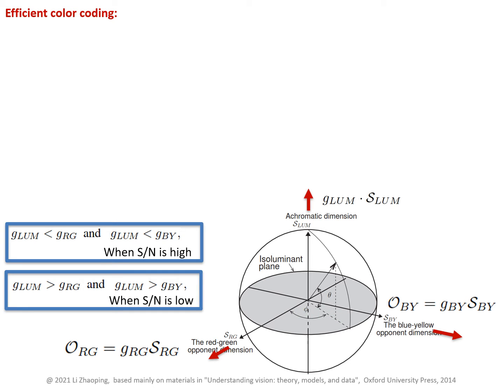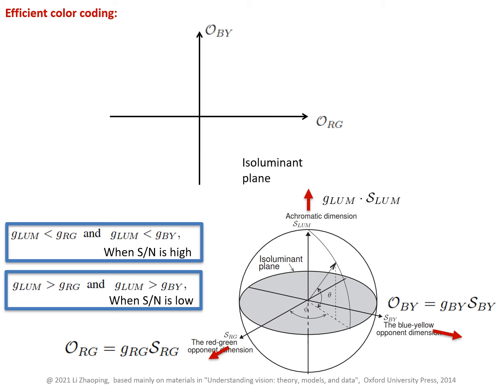Now let's plot out an isoluminant plane. It's two-dimensional with one axis as ORG for the response of the red-green contrast channel, and the other axis as OBY for the response of the blue-yellow contrast channel.